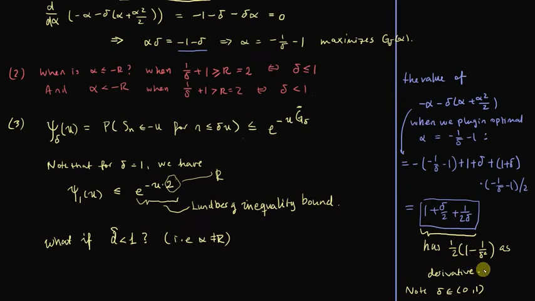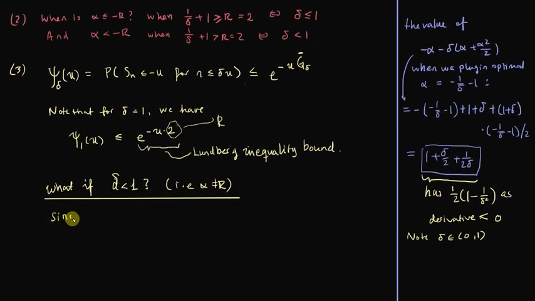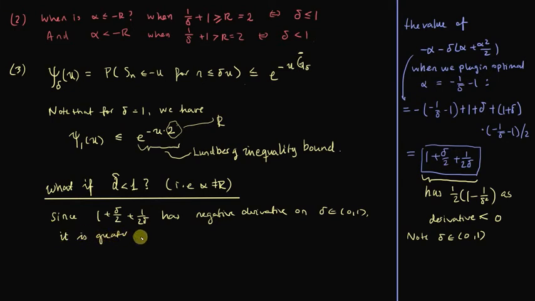So the derivative is negative, which means that since 1 plus delta halves plus 1 over 2 delta has negative derivative on 0 to 1, it is greater than its value for delta equal to 1, so then it is greater than 2 for all delta in 0 to 1.